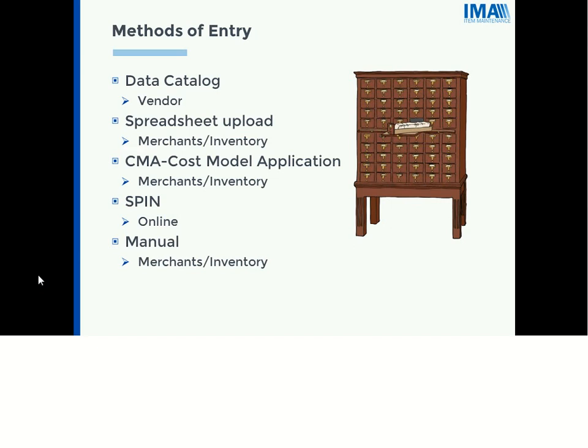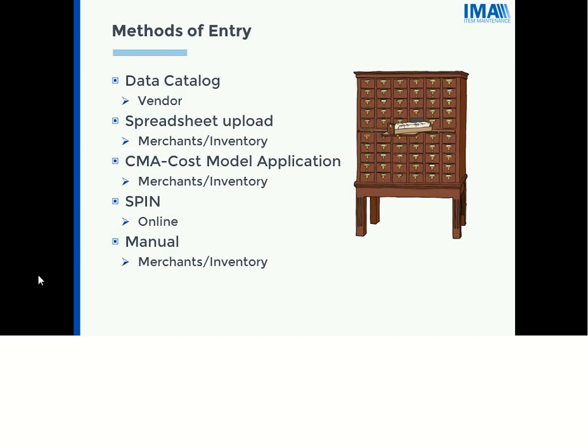There are several methods of entry. For our vendors, we do require data catalog to be used, with a few exceptions. If you are a vendor that does not build uniform or exploding assortments, you can't use data catalog.